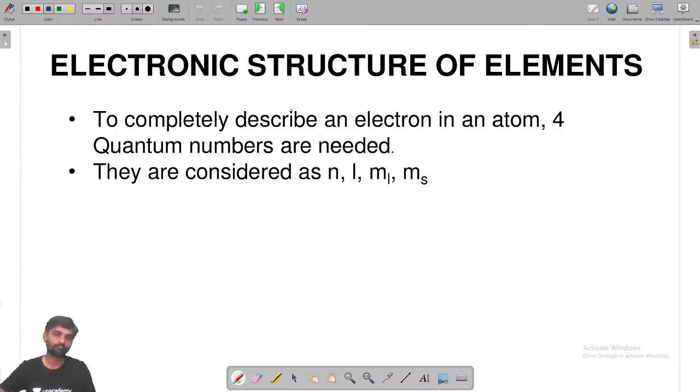Here comes another important concept called electronic structure of elements. Why is electronic structure important in an element? It is simply like, if you want to identify some person, there are hundreds of lakhs and crores of people available. If somebody wants to identify Shravan Kumar, how will you locate him?